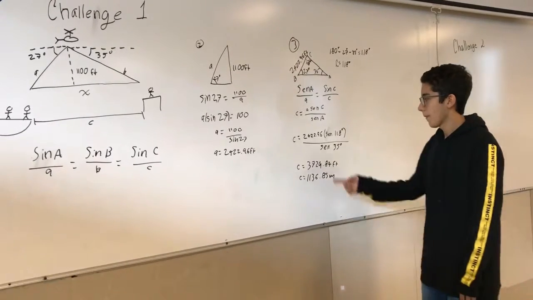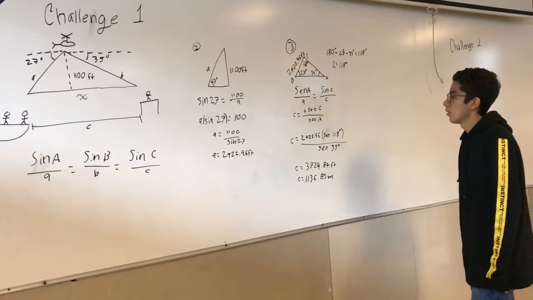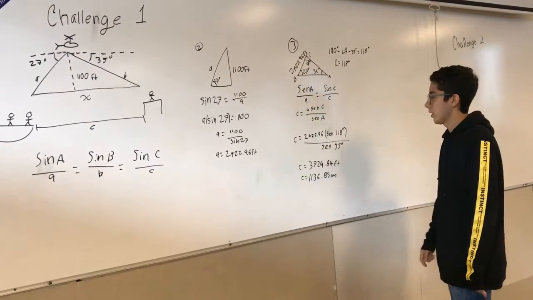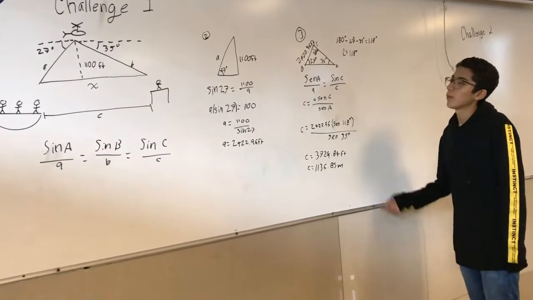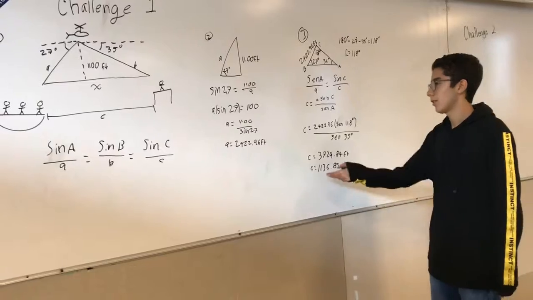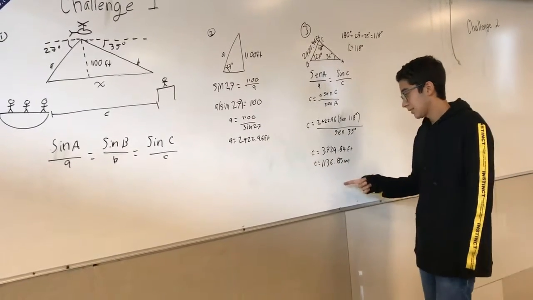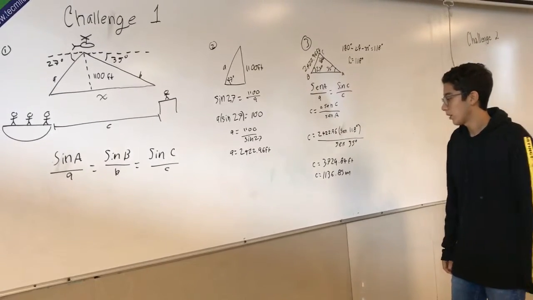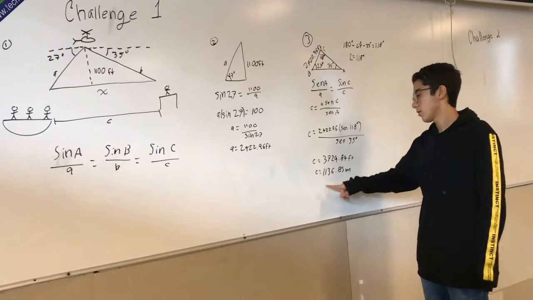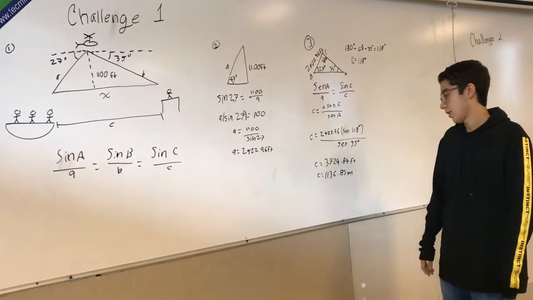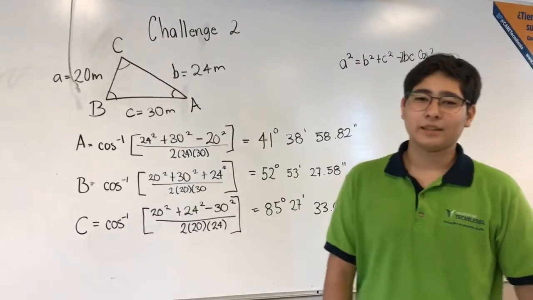It's 2,422.96 times sin of 118 degrees divided by sin of 35 degrees, and our final result is that c, or x, is 3,729.84 feet, and in meters it's 1,136.85 meters.